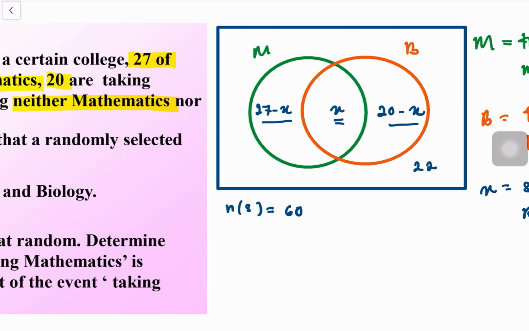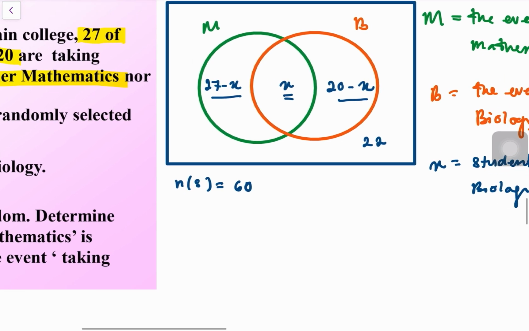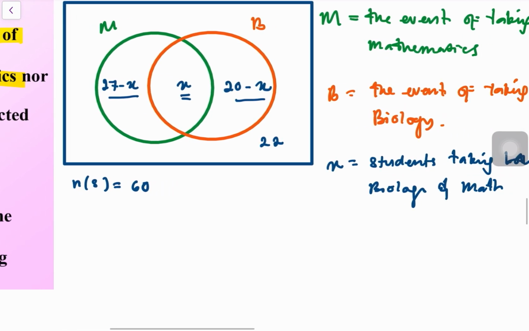Then in order to find the value of x, we use the value of the sample space, which is 60, equal to 27 minus x plus x plus 20 minus x. Let's find x by adding all of these values.